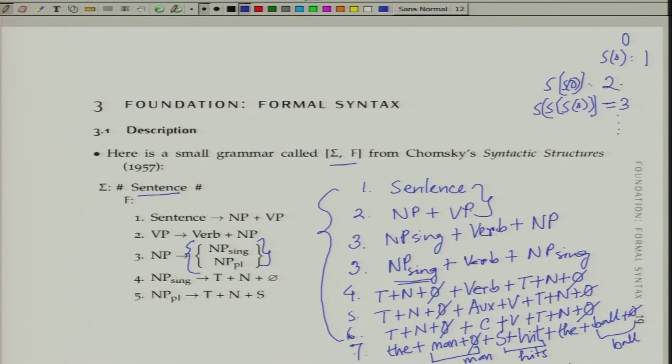Now, we are using a phrase structure rule to rewrite sentence as NP plus VP. Once again, another phrase structure rule to rewrite NP as NP sing and VP as verb plus NP. These are phrase structure rules because these rules do not concern the terminal strings like man, hit or hits.